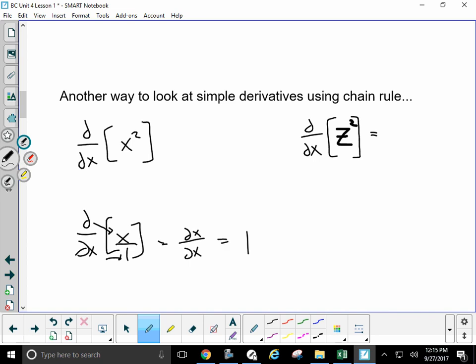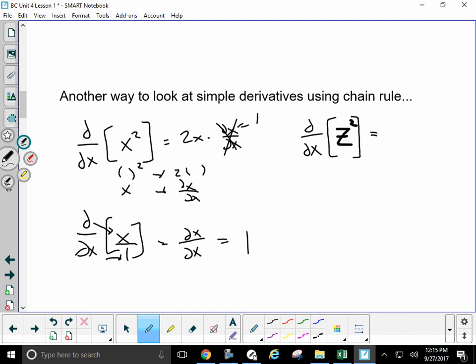Well, that's just 1. So really, for this one, you could say this was 2x times dx over dx if you consider this as an outside and an inside. But we don't have to do that because this is just equal to 1, so we just excluded it.